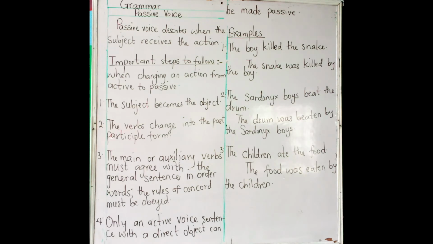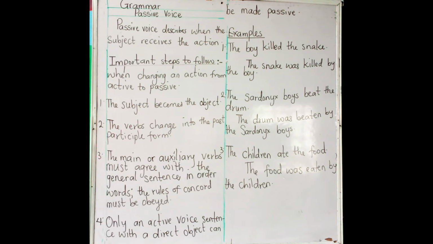You need to observe the same rules as well. Because when you're moving it from active to passive, the state that the verbs take at that point becomes different from when they're in their active form. Remember, in passive, it's like you're telling about something that has happened before. You are no longer the one saying it. You're like saying what you witnessed some time ago or in the past.